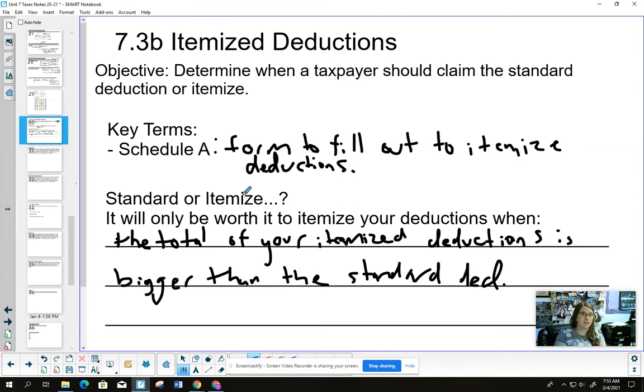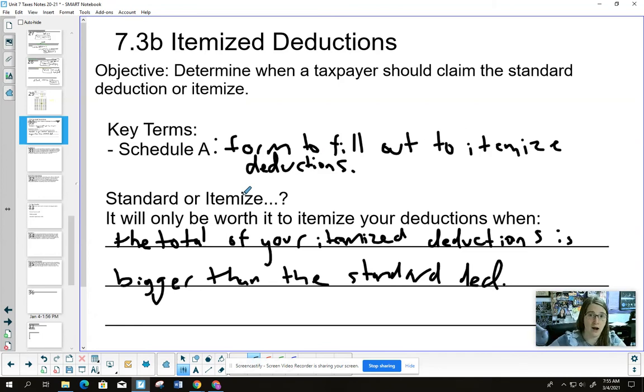For people who want to keep their taxes simple and who really just don't have complicated financial lives, that's why the government has the standard. They say, you know what, here's this chunk of money that for every single person, we will pretend you didn't make that much. Keep it simple. However, some people, again, who have more complicated financial lives, they donate to charity, or they had a lot of medical expenses or something like that.